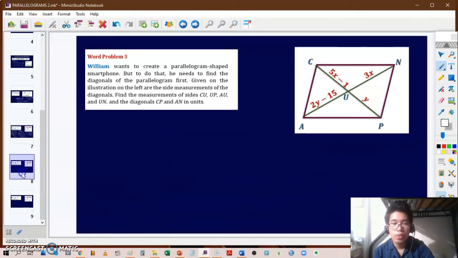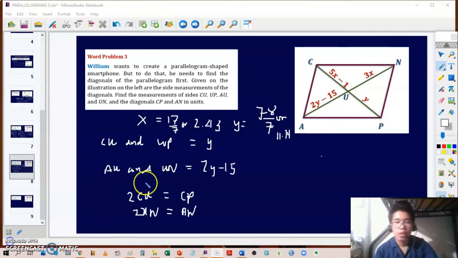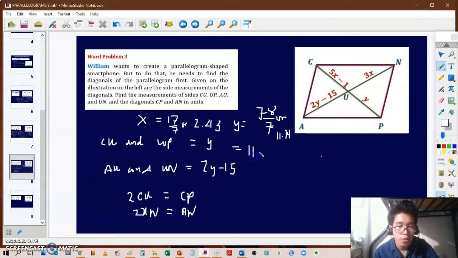And from here, we can now solve for the values of the side measurements of the diagonals that have been bisected. Since CU and UP are congruent to each other, their values are just going to be equal to y, which is 11.14 meters. So CU and UP measure 11.14 meters.